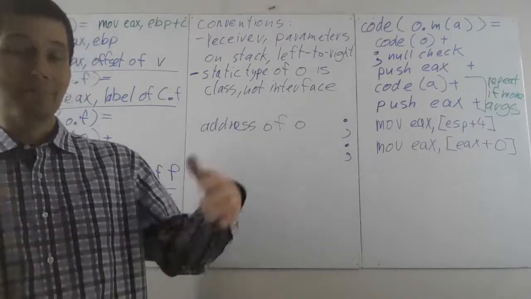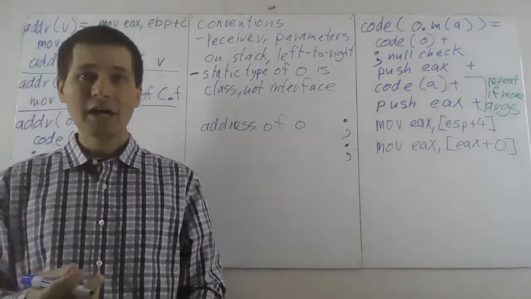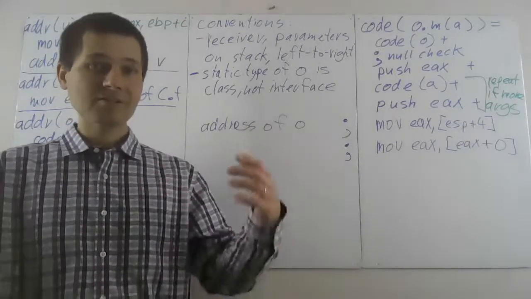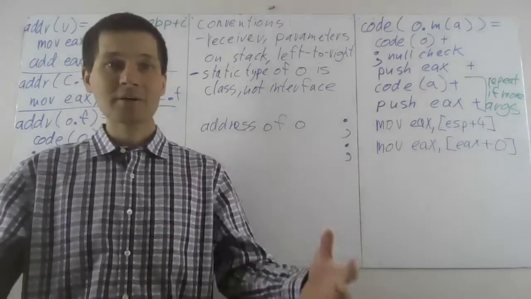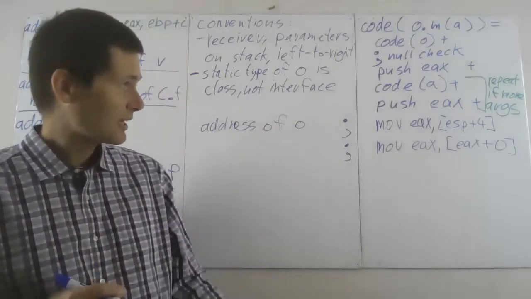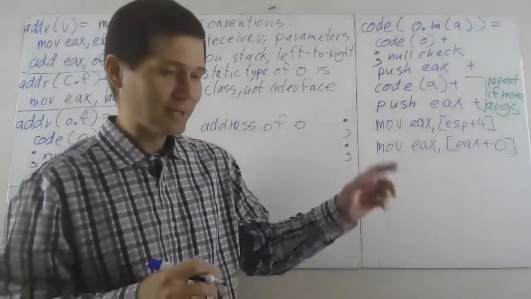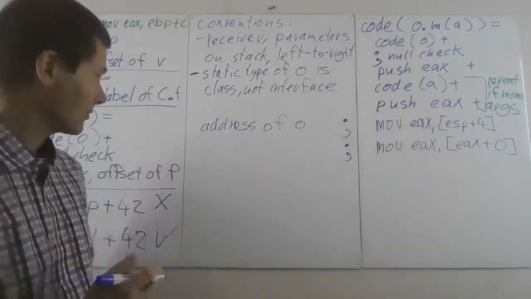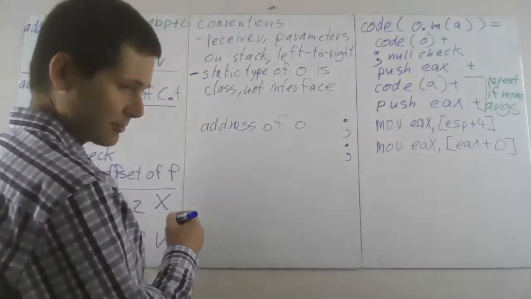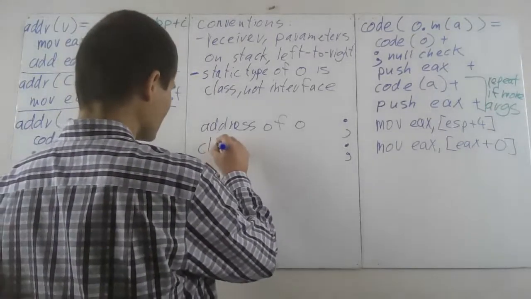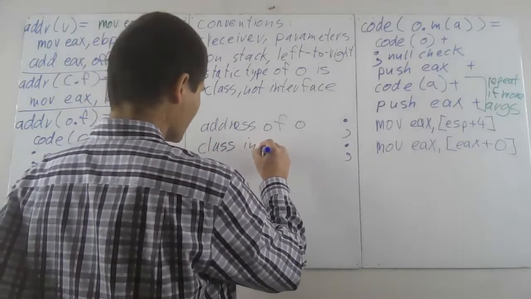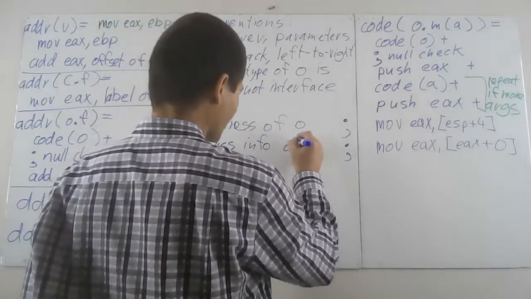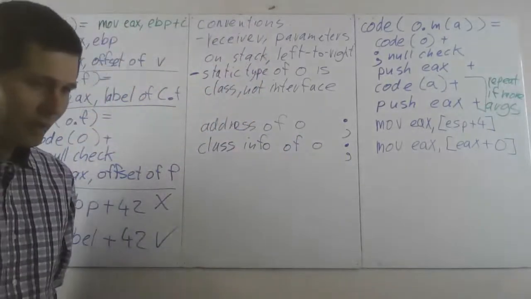Anyway, when you're implementing casts and instanceof expressions and array assignments, anywhere you need to do type tests, this is how you get the runtime type of an object. So this is going to be the class info of O.